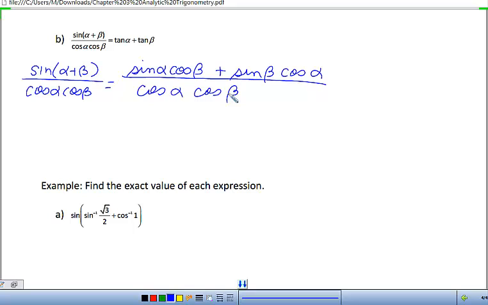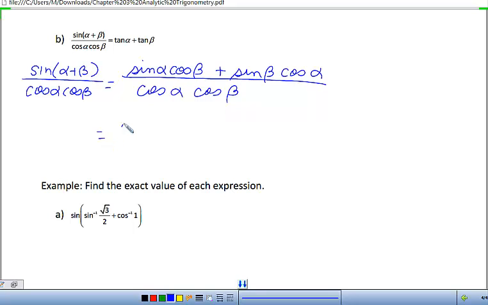Okay, well, since I have a single term in my denominator, remember terms are separated by plus and minus signs. So in my numerator, I've got two terms. This is one term and this is the other. But in my denominator, I have a single term. I can distribute that single term to each term in my numerator.